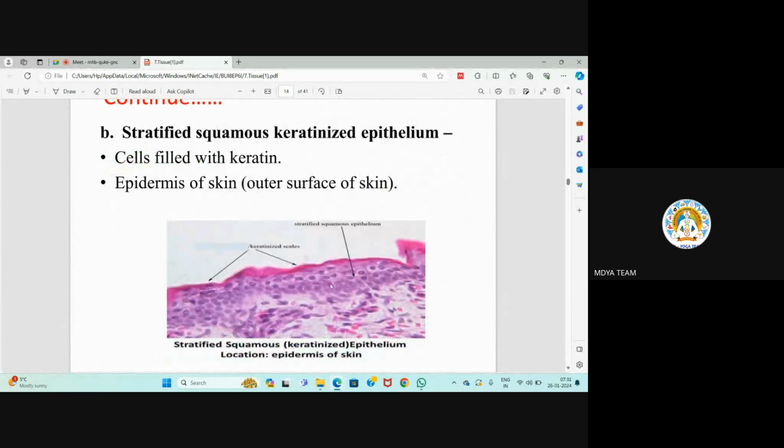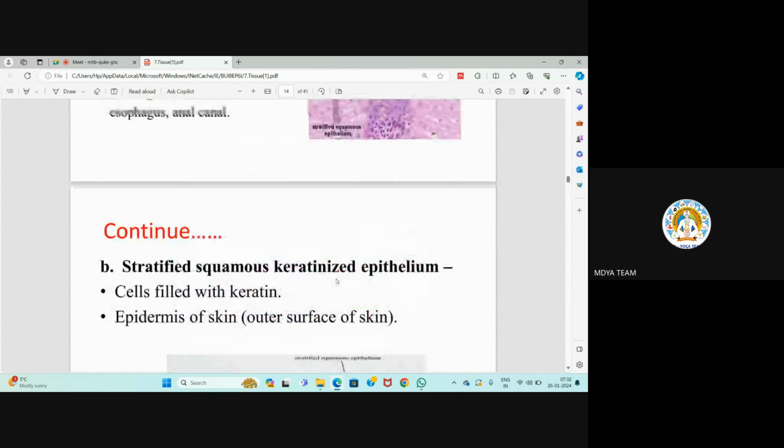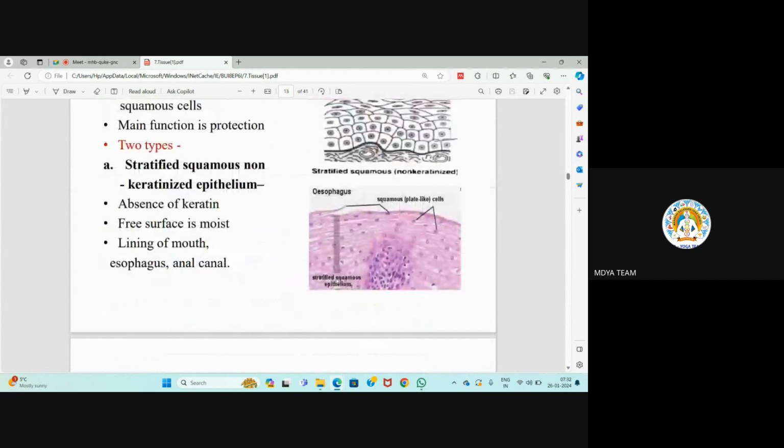You can see here the picture of the outer layer of skin, that is keratinized epithelium tissue. It is a real picture. So it is very simple to differentiate: in keratinized epithelium, cells are filled with keratin, and in non-keratinized epithelium, absence of keratin is there.